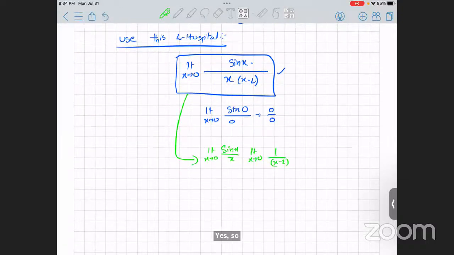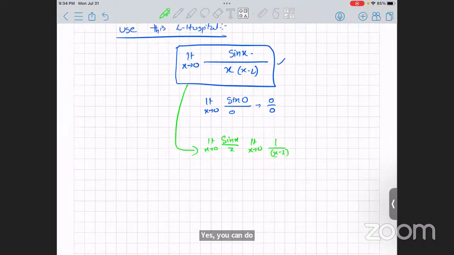What is the value of this? 1 into minus 1 by 2, which is minus 1 by 2.